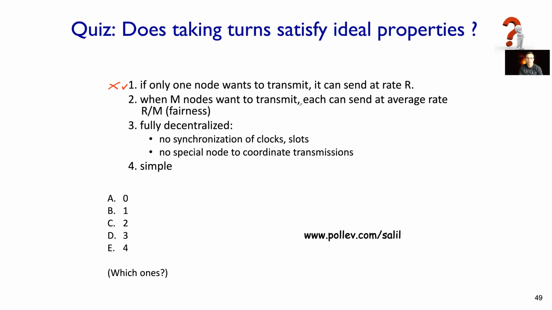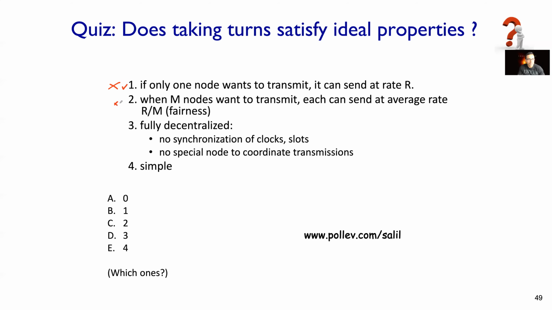When M nodes want to transmit, can each send at average R by M? Again, there won't be collisions, certainly, but there will be a little bit of overhead again for sending that token around or for that polling.